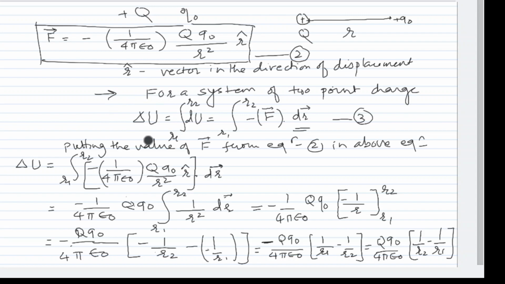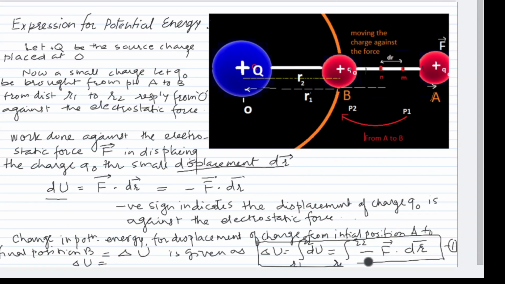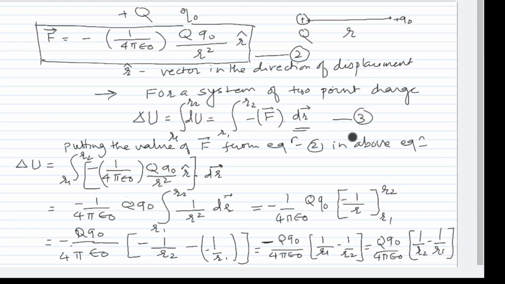Now the total change of potential energy we are writing, indicated by delta U, is the integration of dU, and that is equal to minus F dr, as we know this is the value of delta U. So here again we are writing it as equation number 3. Now in equation number 3 we are putting the value from 2. So F we have from this equation.